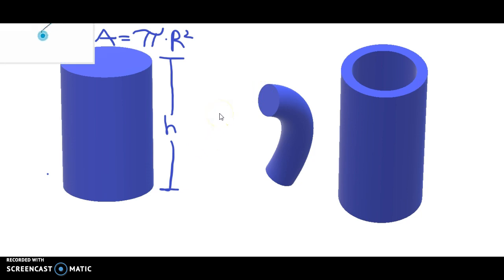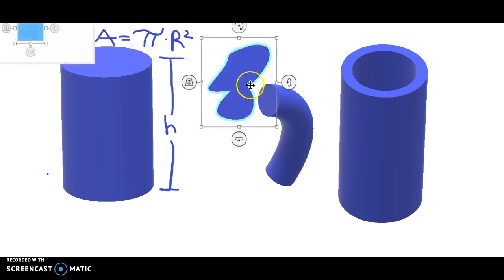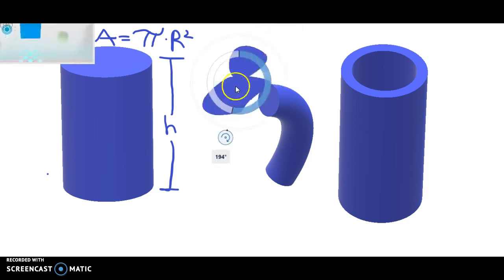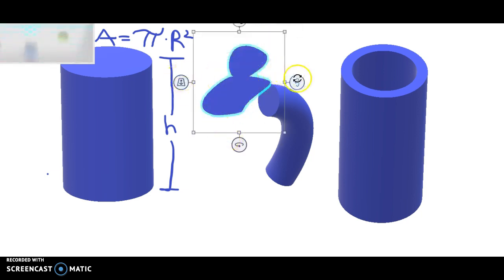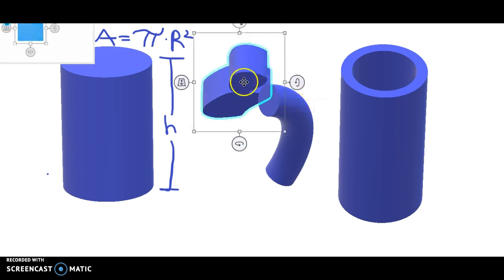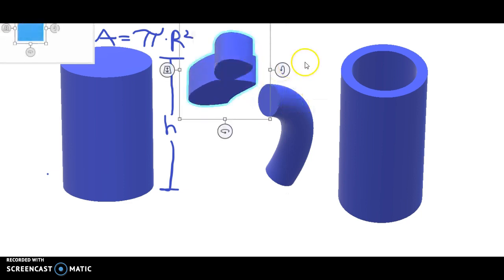You find your areas, you find your volumes, and you'll be good to go. Alright, just having a little fun there. Basically, if you can find the area of this shape and find the height, you multiply those two values and you have found the volume of that space.